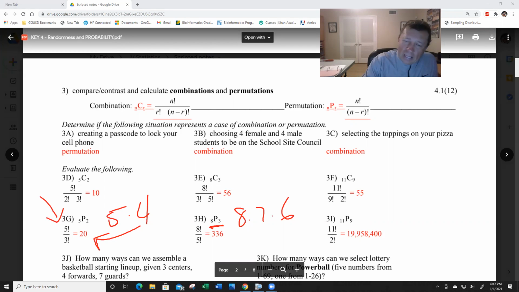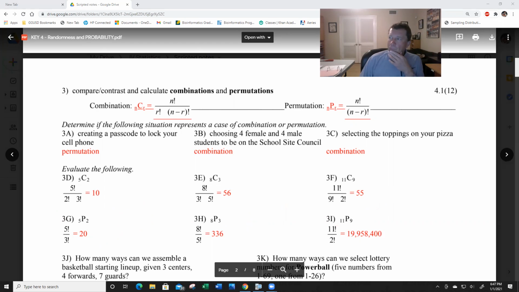Now, this one is not real practical to do that way because I don't want to do the first 9 of 11 factorial. For 3I, I'm probably going to my calculator. That's probably what I'm going to do. So let me do that.